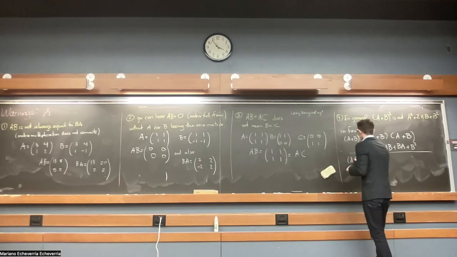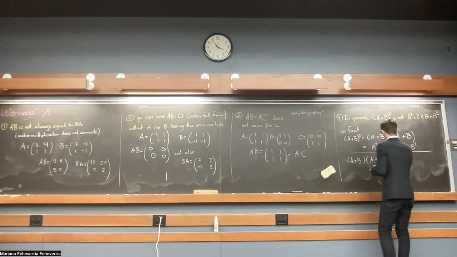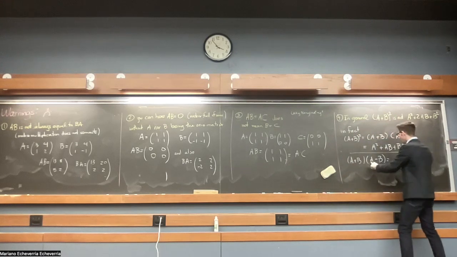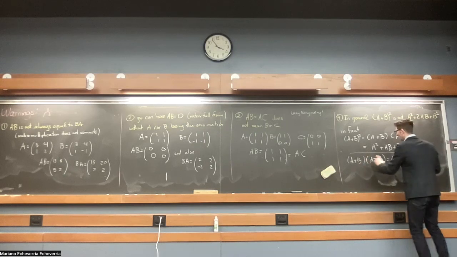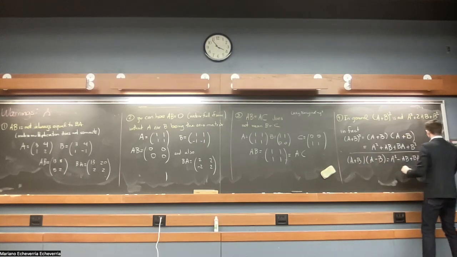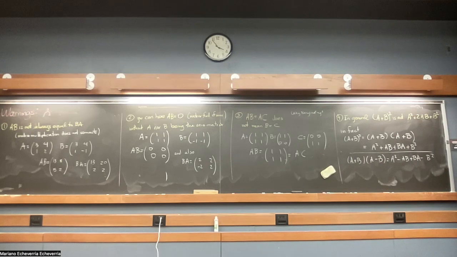What happens if you do a plus b times a minus b? A with A gives you A squared. A with minus B gives you minus AB. B with A gives you plus BA. And B with minus B gives you minus B squared. So again, it boils down to the fact that you don't know that BA equals AB, so you can't cancel the terms in the middle.